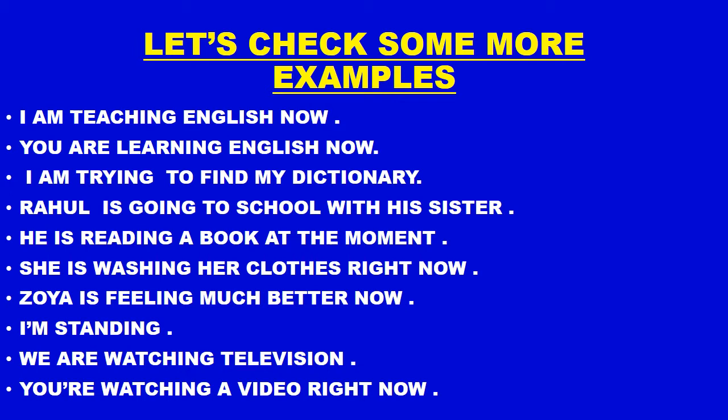You must have understood that with he, she, it and the singular subjects, we use is. With you, they or plural subjects, we use are. And with I, we use am. Is it clear now? So we move ahead.